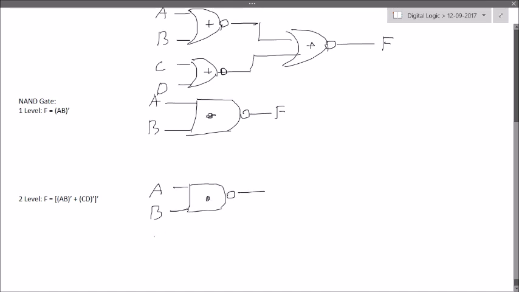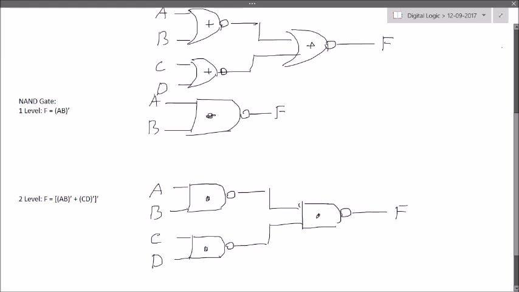Second NAND gate, C times D. And outer NAND gate. That's it. See?